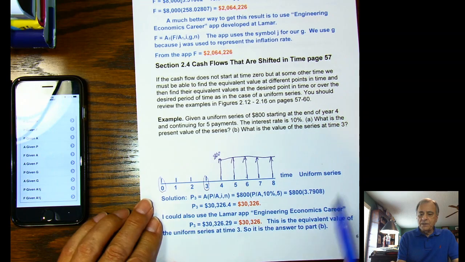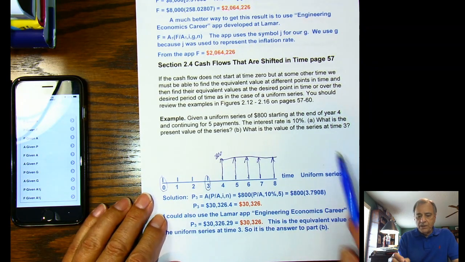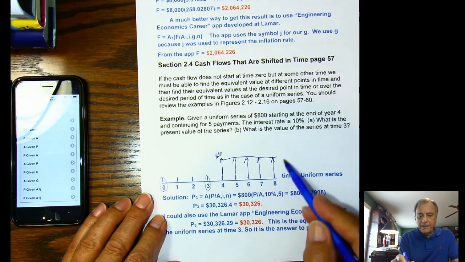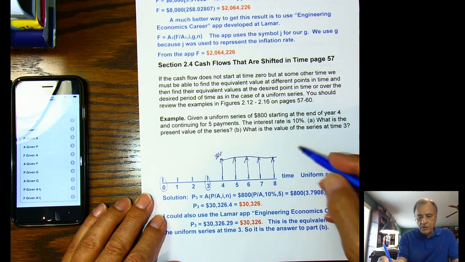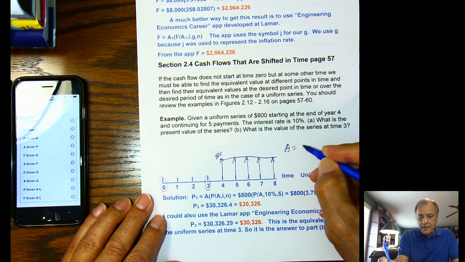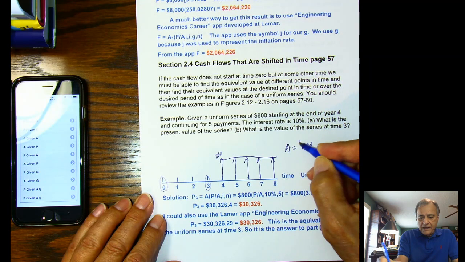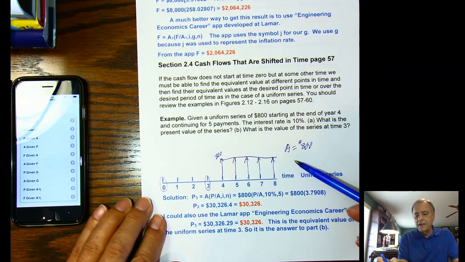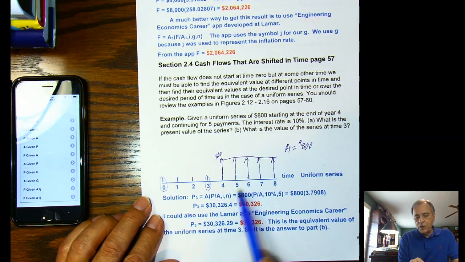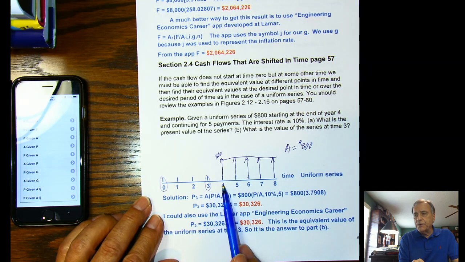Well, actually, we're going to solve part B first, because whenever we multiply a uniform series amount of A dollars times P given A, the value of P is always 1 year before the first payment in the uniform series.